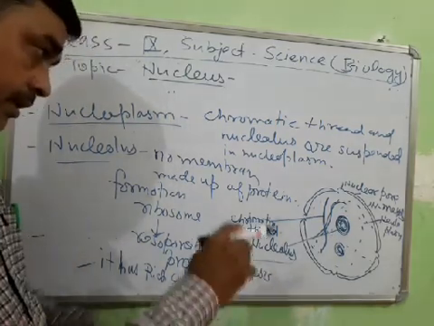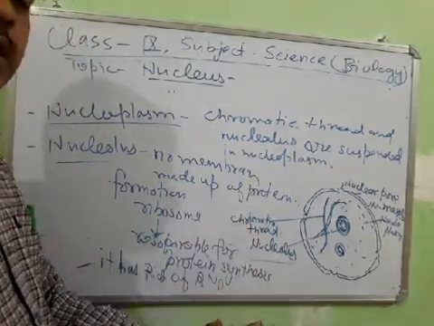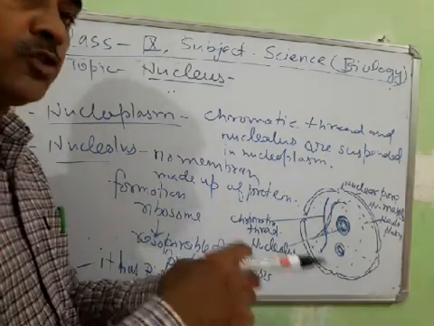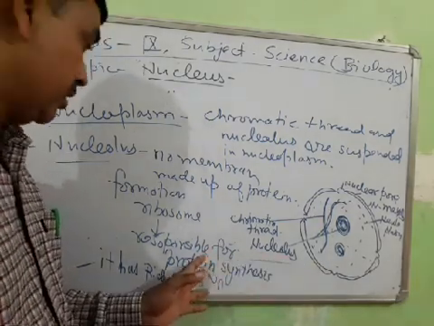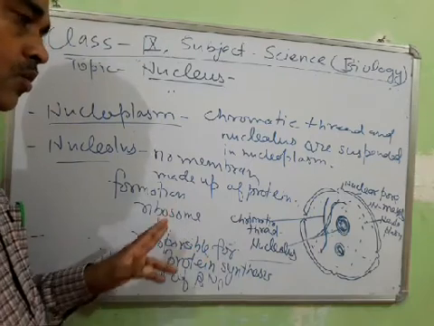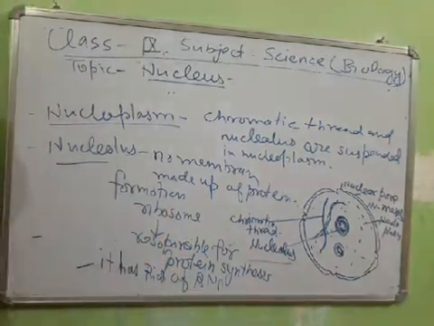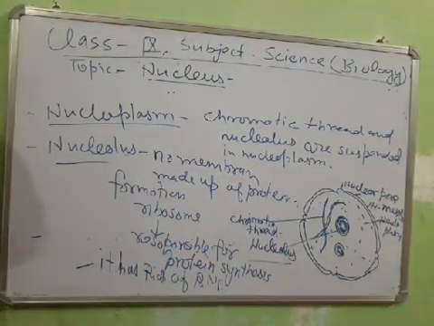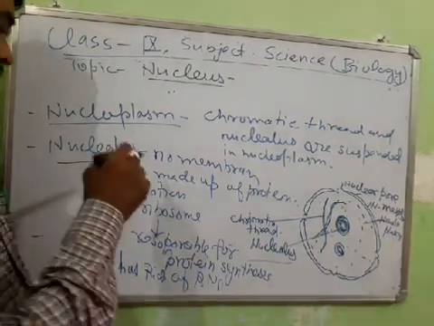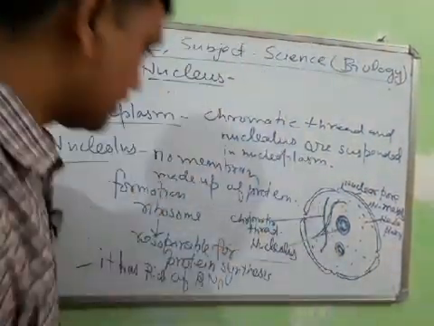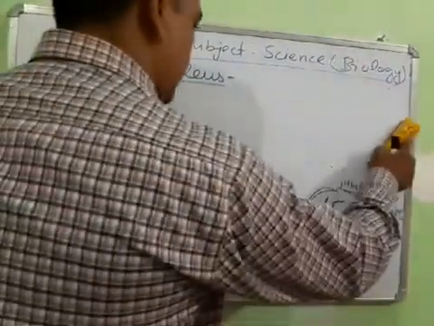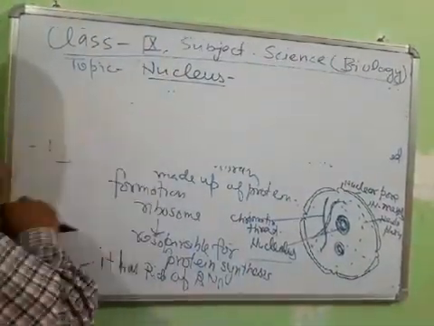So in the nucleolus, a rich amount of RNA is also found. Okay, student. And there is one more thing found inside the nucleus, that is called chromatin thread.